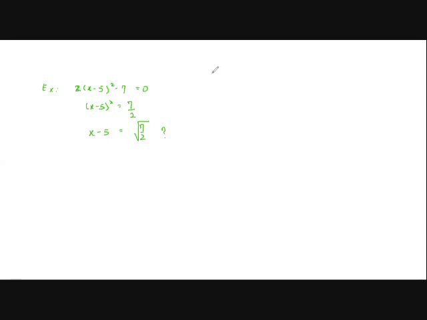Don't forget we need the plus and minus sign, because this is an even root, or even power. So we have two answers: root of 7 over 2, and minus root of 7 over 2.